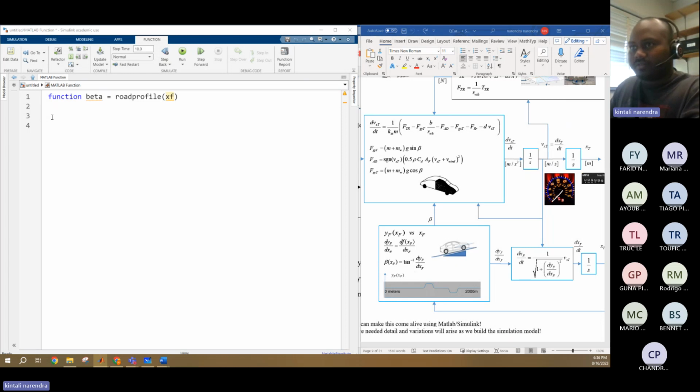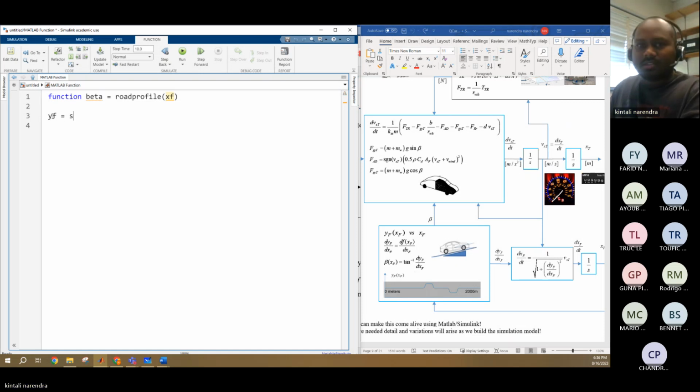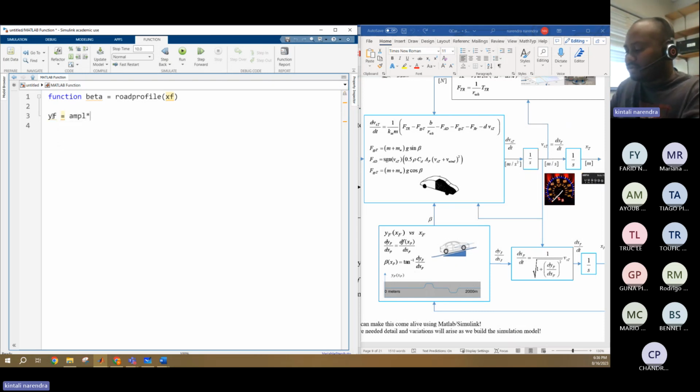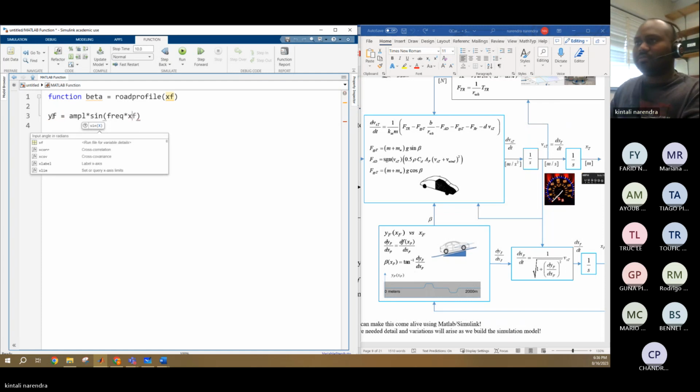So y of f can be any function. We thought of the sine function. So y of f is equal to amplitude into sine of frequency into x of f.